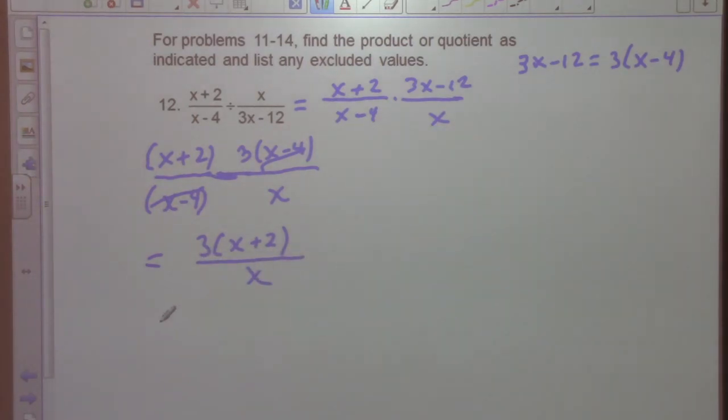What else? Excluded values. So x cannot equal 4. Anything else? You literally told me the answer. x cannot equal 0.